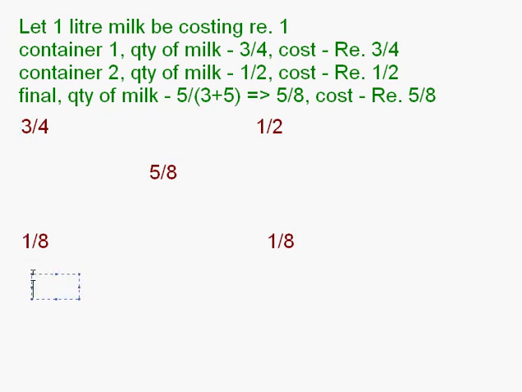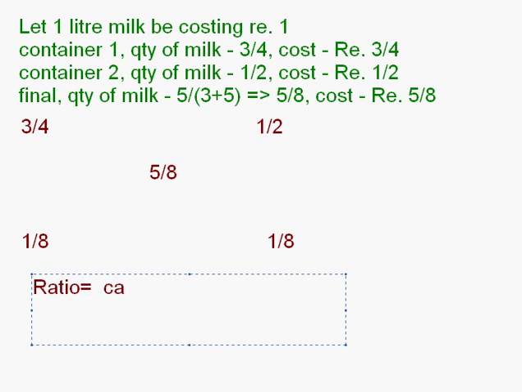So the ratio for container 1 to container 2 will be 1 upon 8 is to 1 upon 8, or 1 is to 1, right?